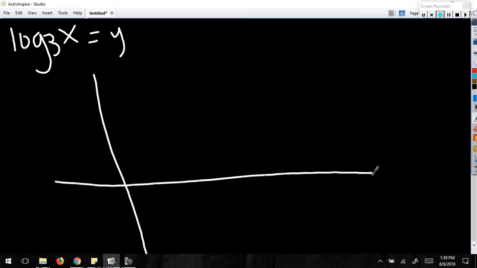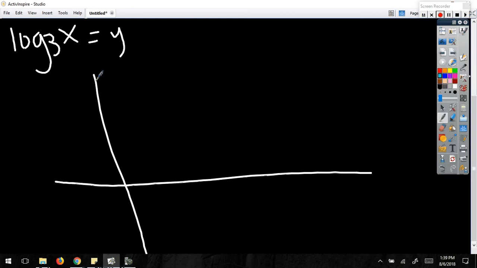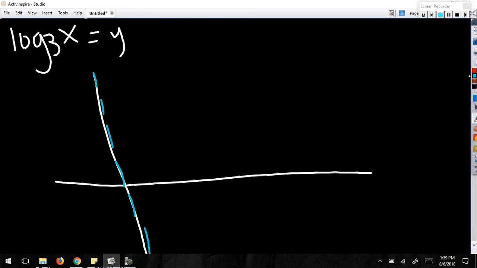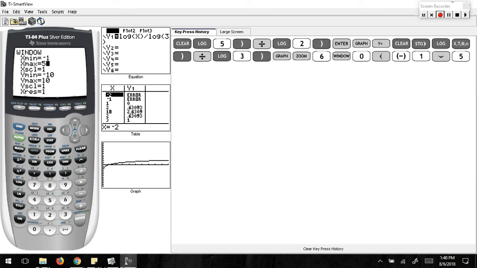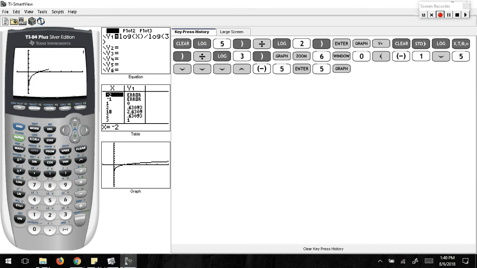We have an asymptote, which you can't see on my graph, and that's okay. I'm going to show you in just a minute what we do. If you need to zoom in some, by all means, let's go from -1 out to maybe 5, and -5 to 5, just to zoom in a little bit and let you see the graph a little better.